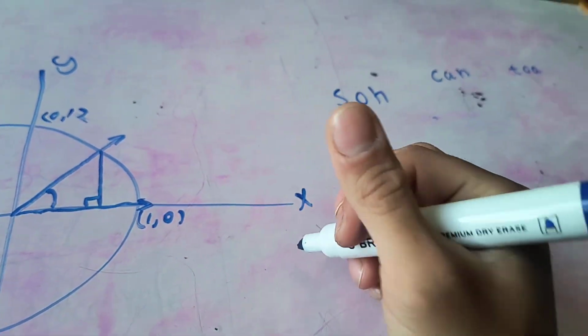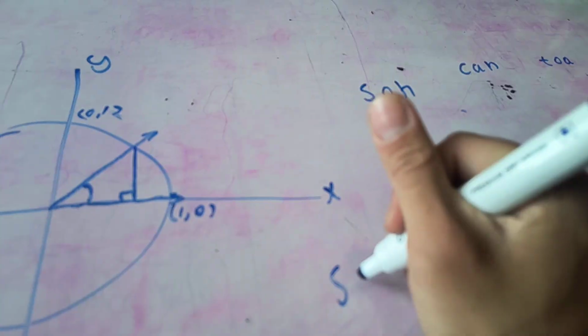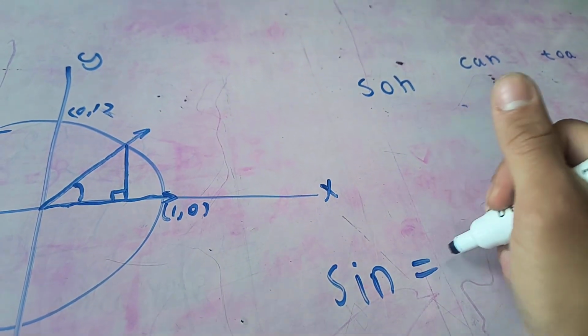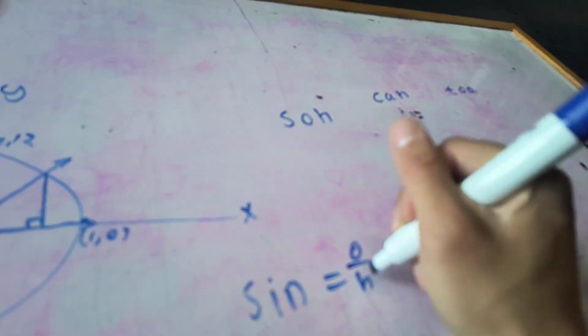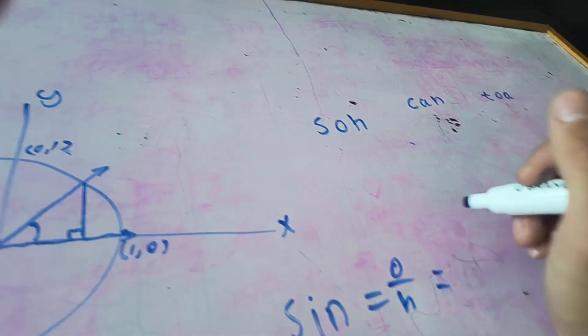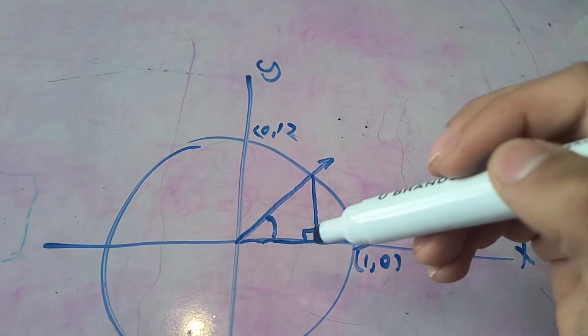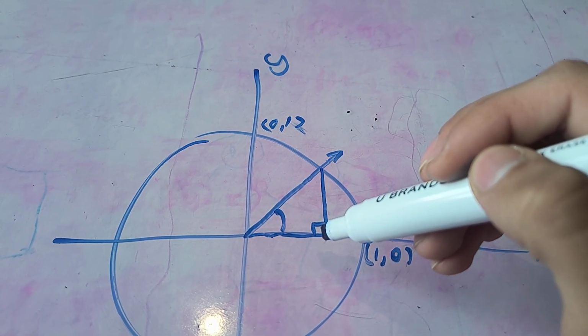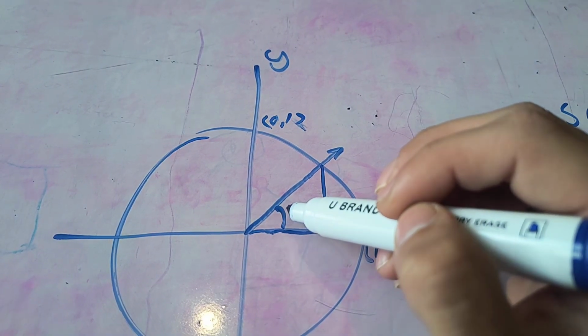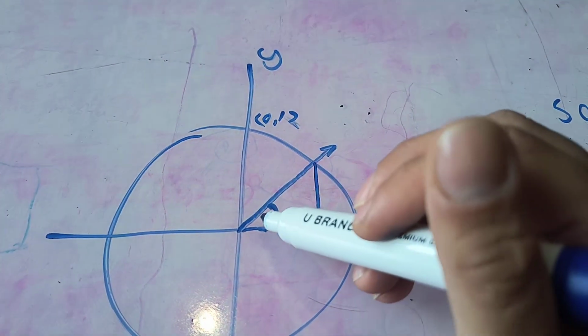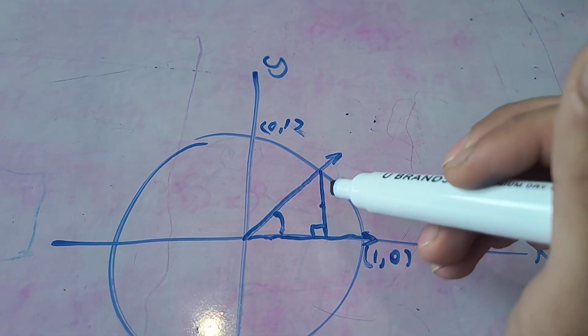Let's start off with sine first. Sine is equal to opposite over hypotenuse. What is the opposite for this angle? It's going to be this wall right here.